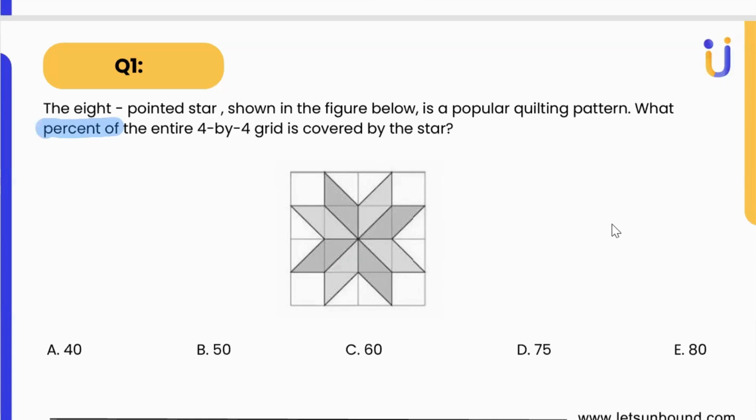Since it's a 4x4 grid, we can see that the total number of squares in it is 4 times 4, which is 16 in total. And now I have to count how many are in the shaded portion. Looking at the shaded ones, we can see that these triangles each cover exactly half of a square. So if I combine two triangles, that would make one whole square.